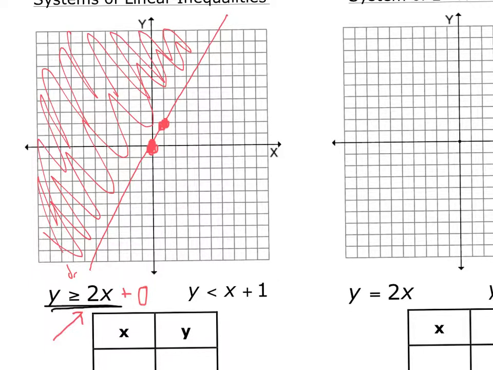Second one, let's use blue this time. We have a y-intercept of 1, so go up 1. Plot a point. And then our slope is 1 over 1. So up 1 over 1, plot a new point. Now, we have a less than sign, so we have a dashed line.